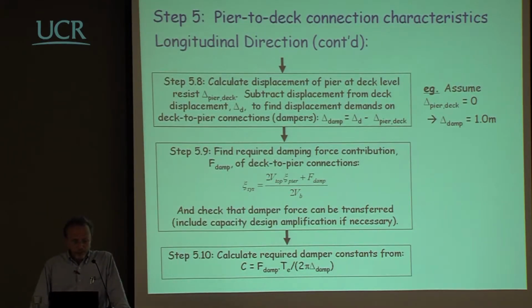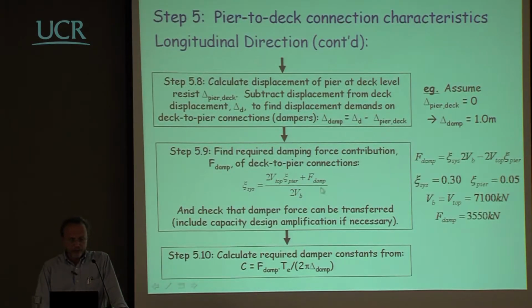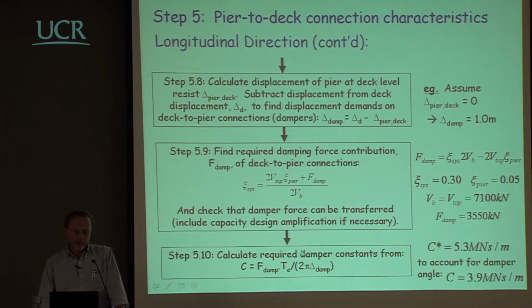Now, if you want to do something like that, you use the standard equation that I was already showing. In this case, you remember we have the same displacement, so we use the force. We have to check what level of force is going through there. And you come up with a certain level of force. And if you use a certain kind of damper, this is something that we will discuss tomorrow. This is done here, assuming that you use hydraulic dampers.